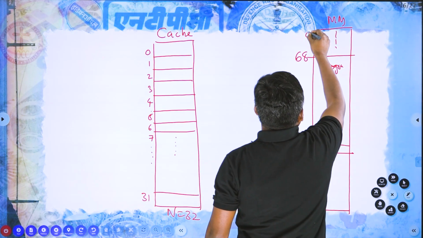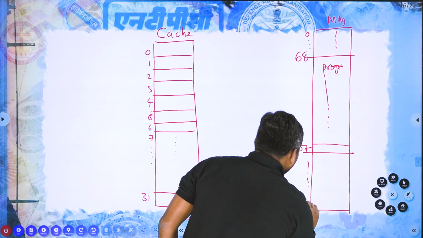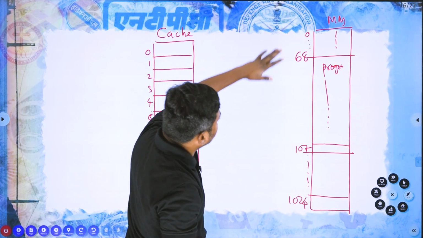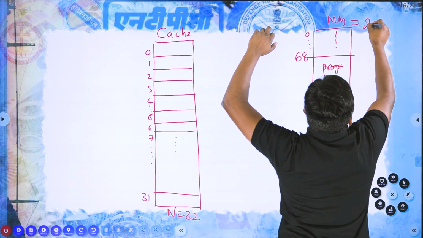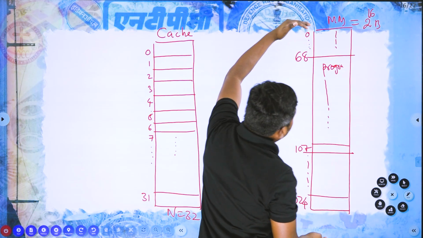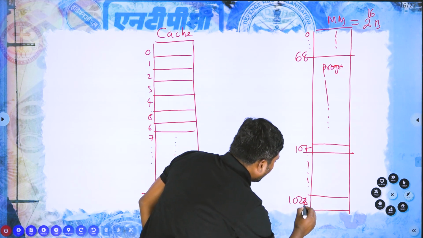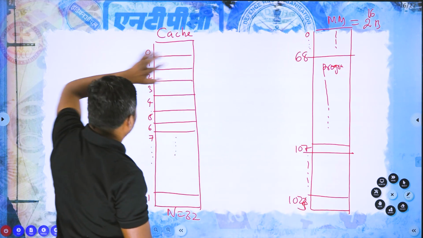So total blocks from 0 to here, main memory is 1024. This gives a lot of understanding about main memory, that is the reason I'm writing it multiple times. Total main memory has 2 power 16 bytes, nothing but 64 kilobytes. If I organize it in terms of blocks, we get 1024. This is 1023 only, 0 to 1023. So when you refer, it will go here, fine.